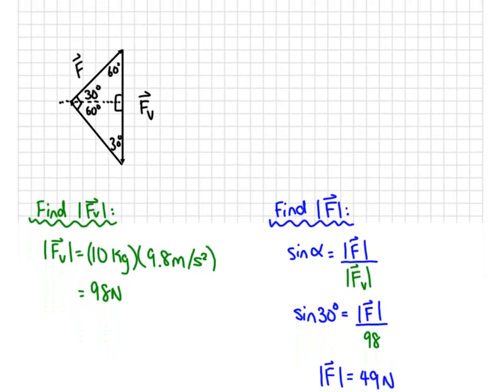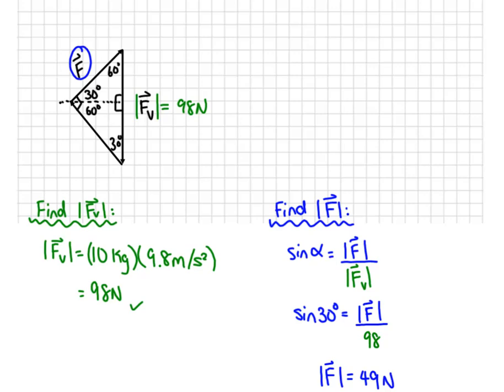Okay, so using the weight, the 10 kilogram mass, what I can do is figure out the magnitude of the vertical force. And so this is 98 newtons. Okay, that gives us a little bit more information, so I can find that parallel force, which is what the question asked for.